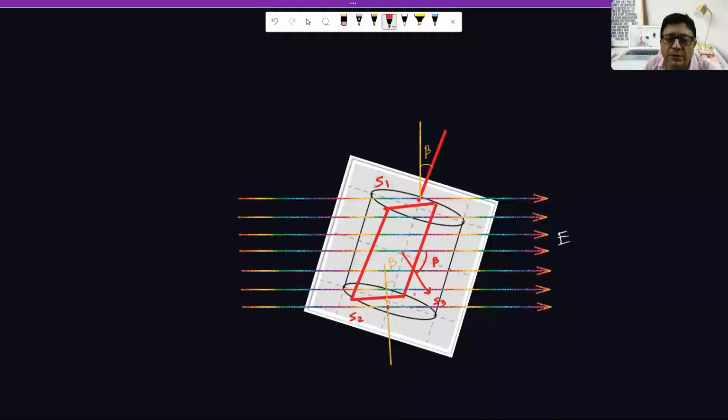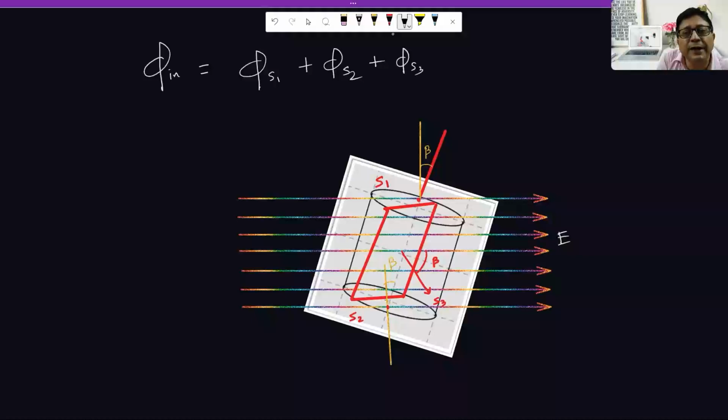So the net flux passing through the cylinder in this case is going to be the flux due to surface S1 plus, is this phi in or phi out? I must take phi in. Phi S1, phi S2 and phi S3. What will phi S1 be? This is the area vector.